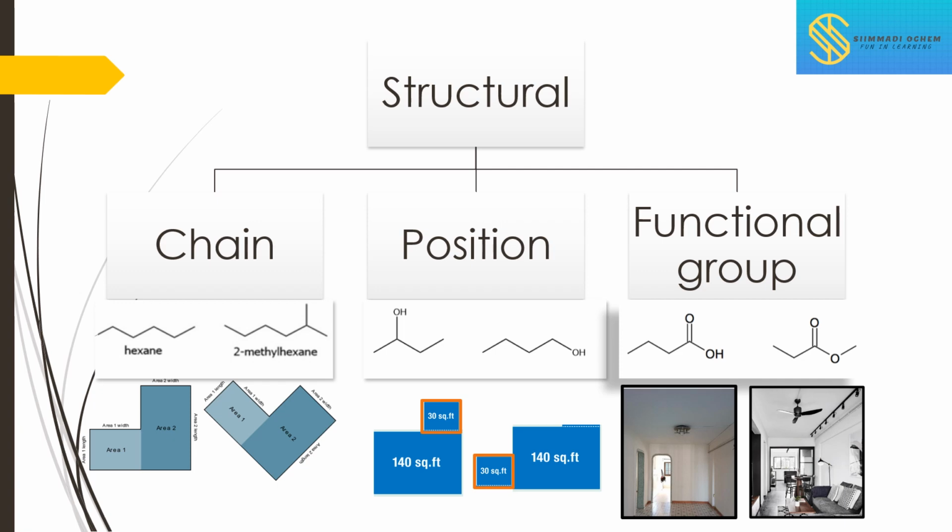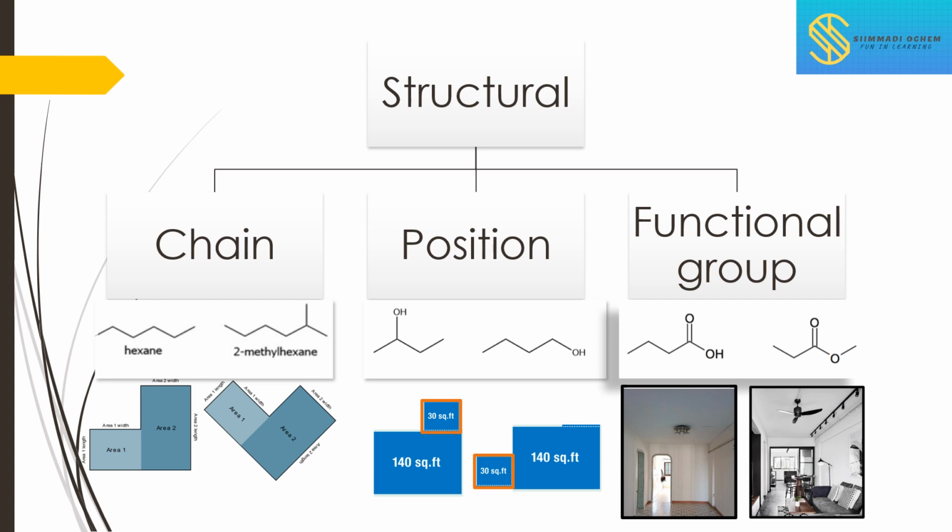The chain isomers are like this: we already know there is an area 1 and area 2. If you see, this is an L shape and it became a V shape. But the area is the same, which is like saying the chemical formula is the same, but they become a completely different structure based on how you want to keep them.